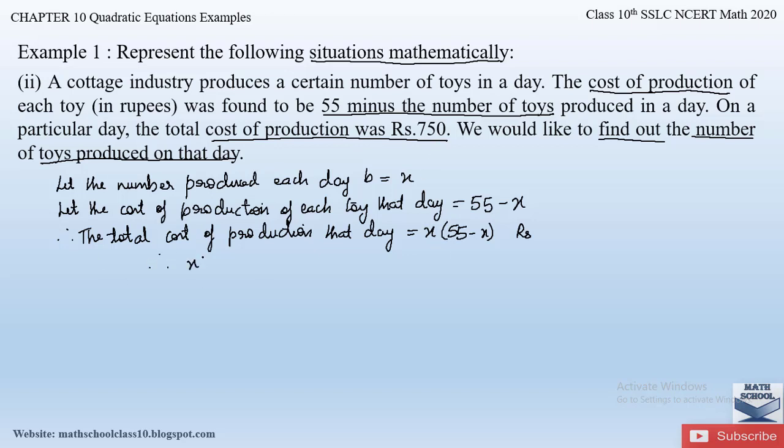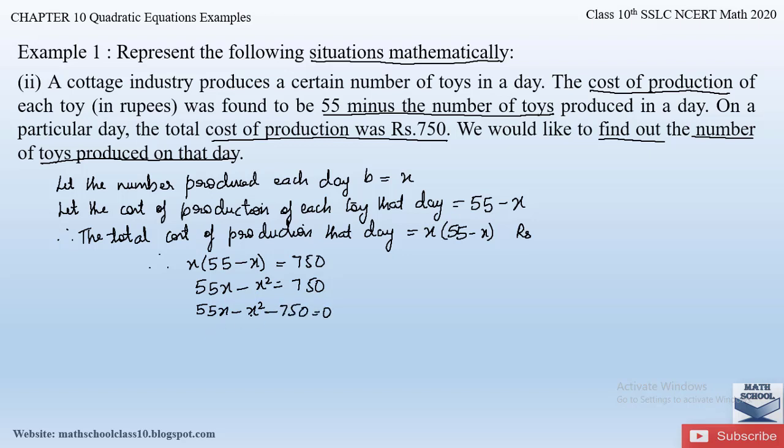Therefore x into 55 minus x is equal to 750, or if you multiply, this will be 55 into x, plus into minus is minus x square is equal to 750, or if we transfer the 750 to the left hand side, we will get 55x minus x square minus 750 is equal to 0.